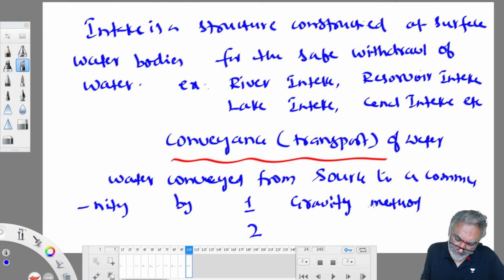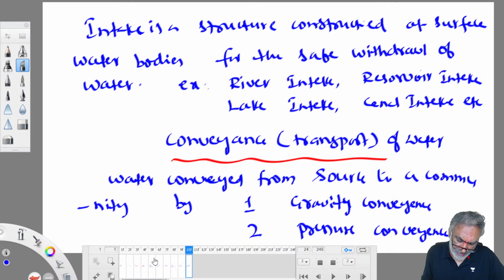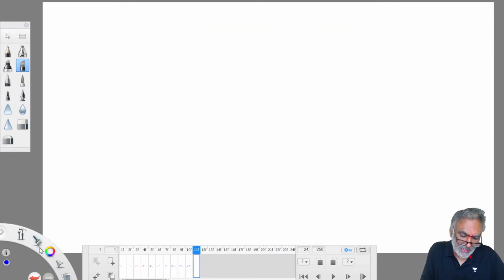Gravity conveyance. Pressure conveyance. So normally gravity conveyance uses gravity conduits.